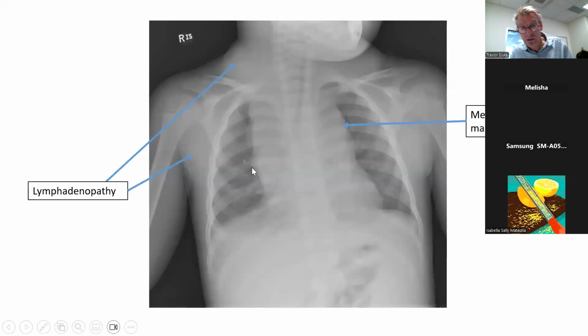This was a child who had severe airway obstruction, and you can see the mediastinal mass, you can see the widened mediastinum, but you can also see that his trachea is reasonably well open, but you can see, I hope, also large swellings in the supraclavicular region and in his neck.